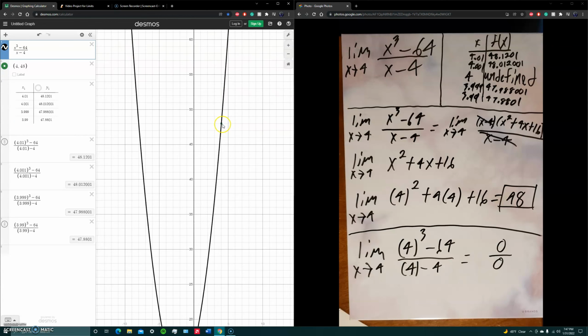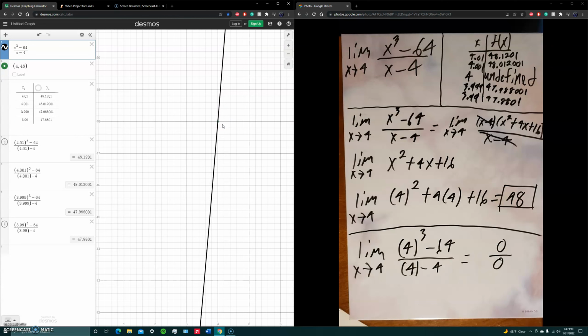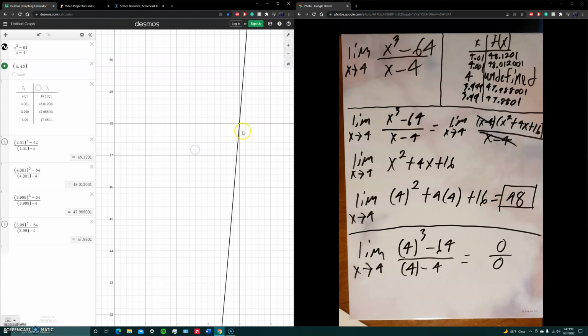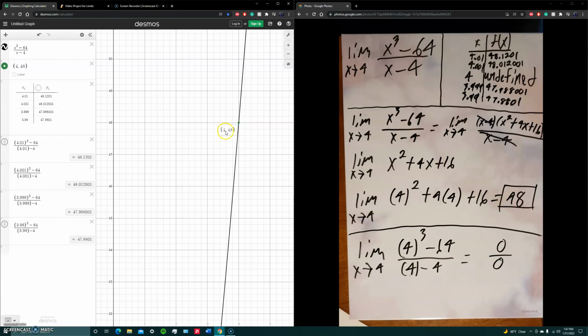As we can see here in this point, at 4 is 48, and if we were to turn this off, we'd still get 48 at 4.